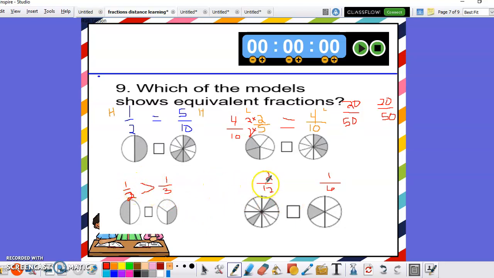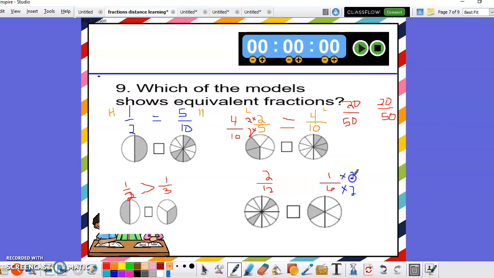Here, my numerators are different, and my denominators are different as well. So both of these are less than half. And I want to think, is there any number I can multiply times 12 to get to 6? No, but there's a number I can multiply times 6 to get to 12, and that's 2. So I'm going to go ahead and multiply the numerator and the denominator by 2.